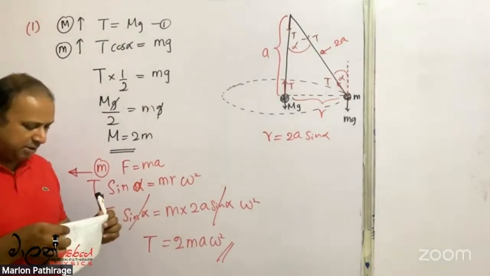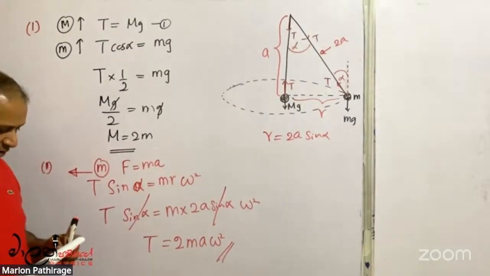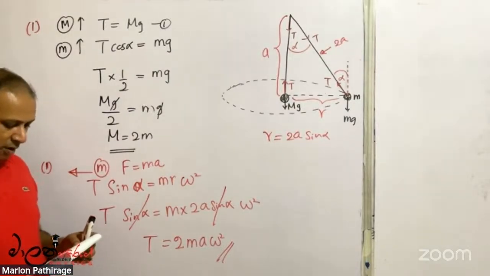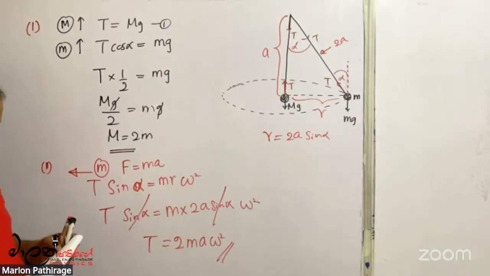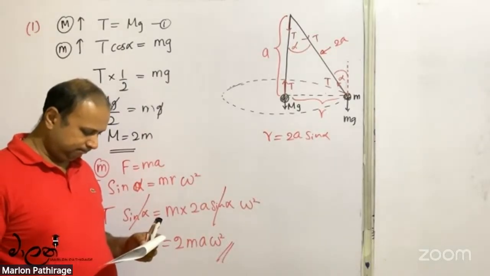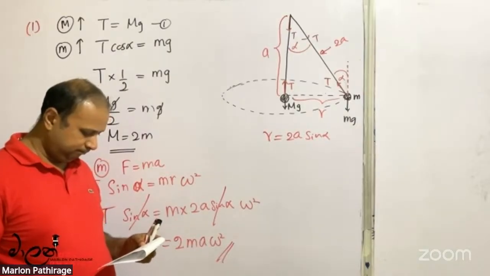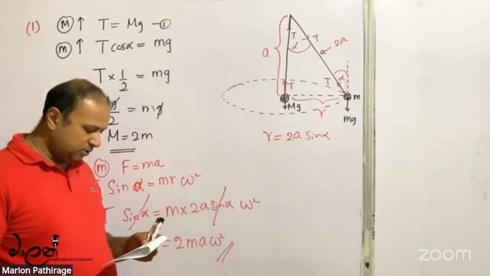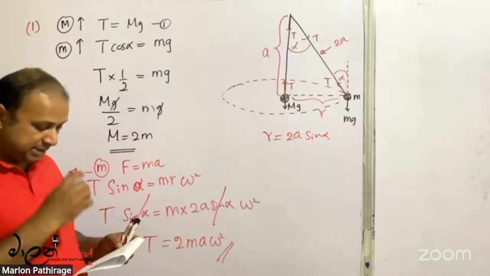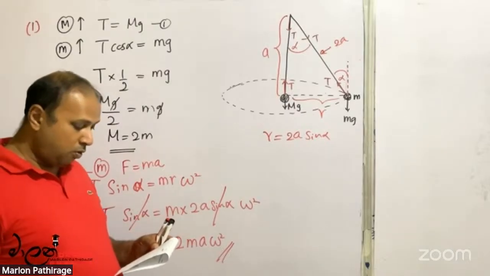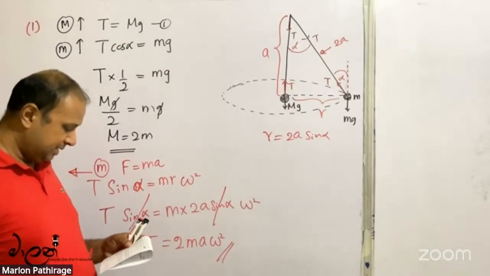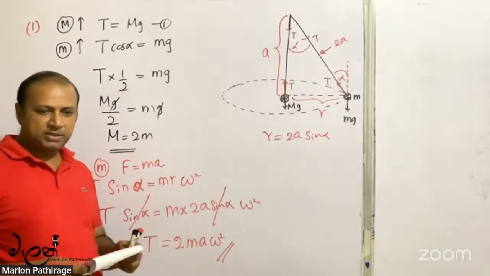Two particles with mass small m and capital M are connected by an inextensible string of length L. Particle capital M rests on a smooth horizontal table. The particle capital M rotates in a horizontal circle around O with angular velocity omega radians per second. Show that the vertical distance from O to particle small m is given by an expression. Again, x quantity.